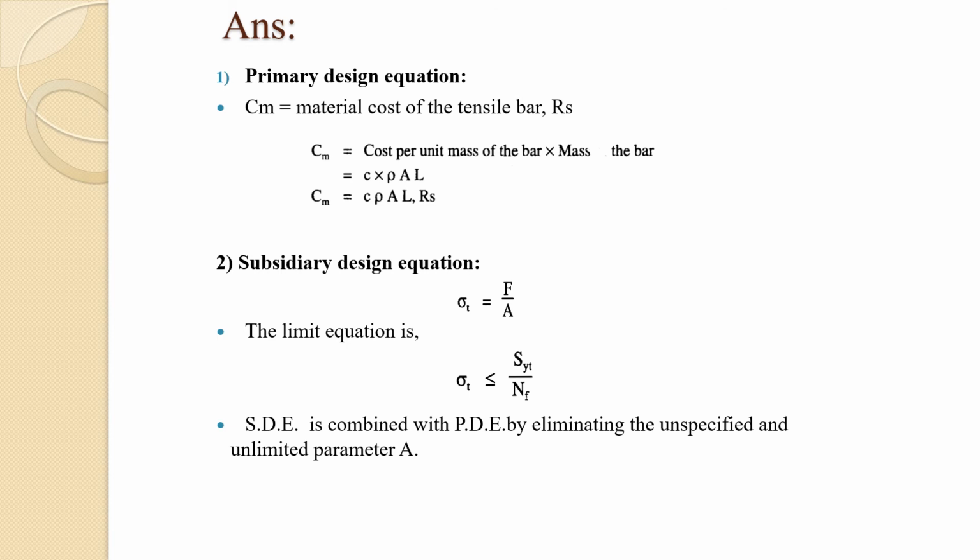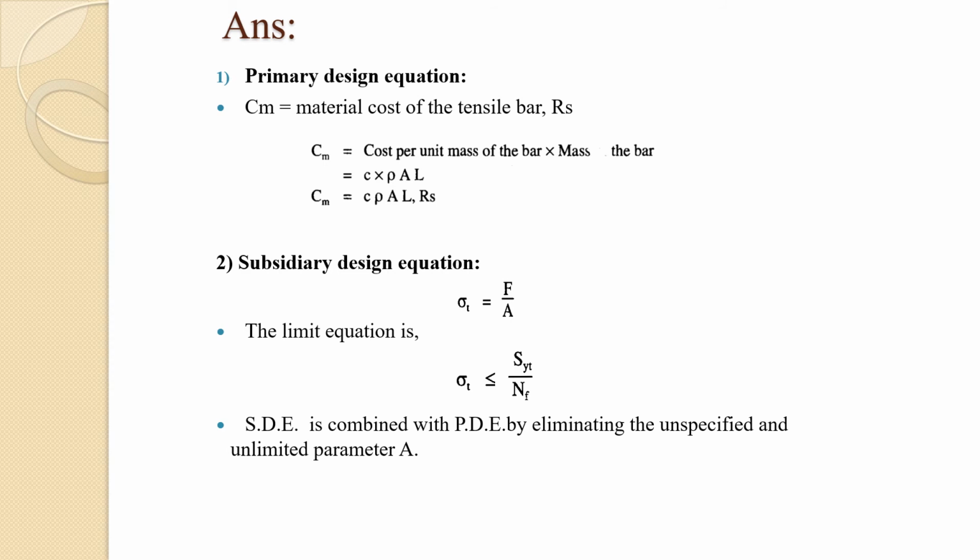Now the subsidiary design equation is combined with the PD by eliminating the unspecified and unlimited parameter capital A. Observe the first equation, that is Cm is equal to c into rho into A into L, and the subsidiary equation sigma T is equal to F upon A. Small c is a specified parameter, L is also specified, F is also specified. But the only one parameter, capital A, is an unspecified and unlimited parameter.